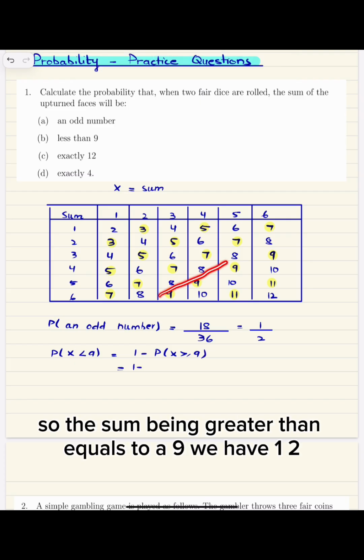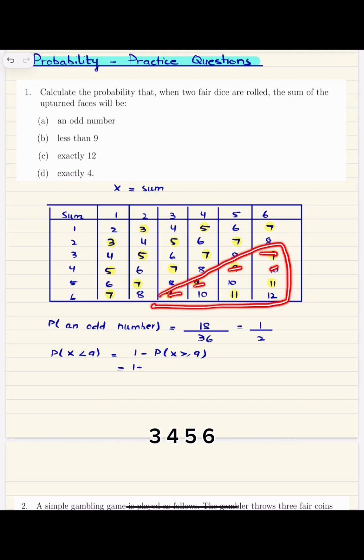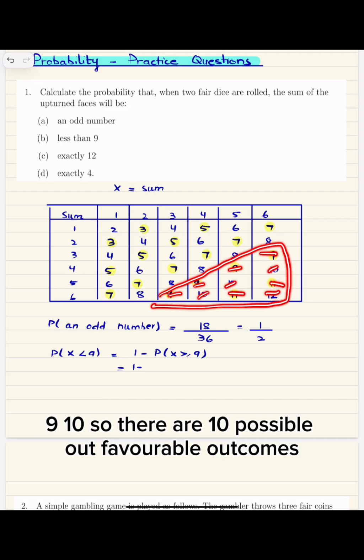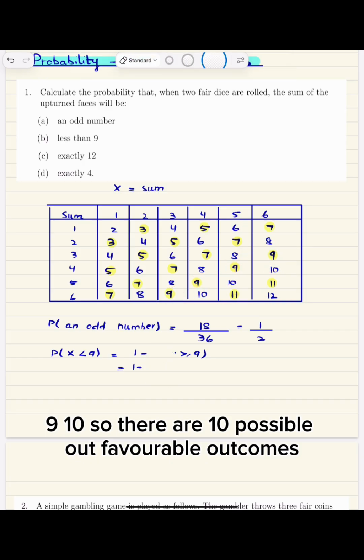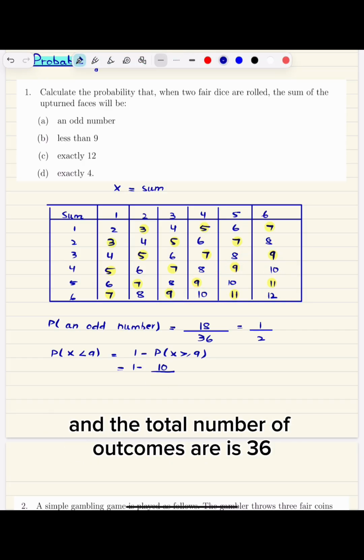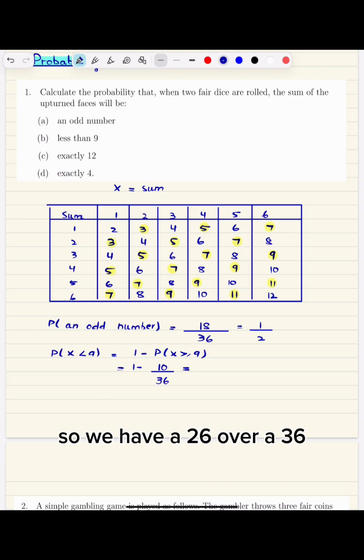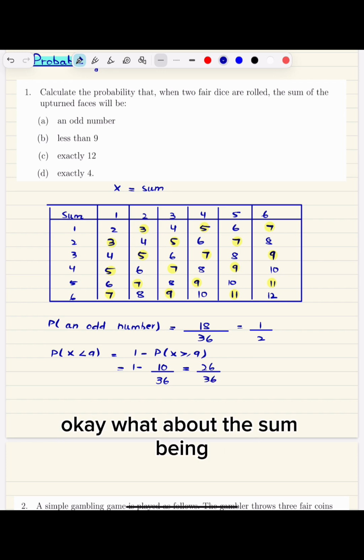For the sum being greater than or equal to 9, we have 10 possible favorable outcomes, and the total number of outcomes is 36. So we have 26 over 36.